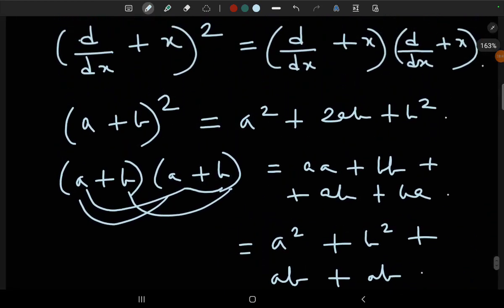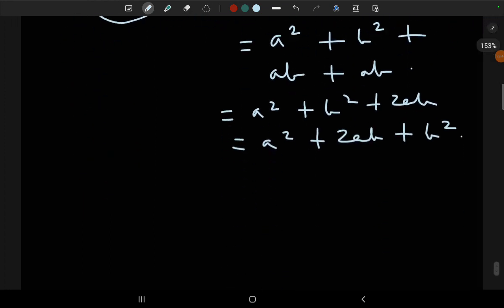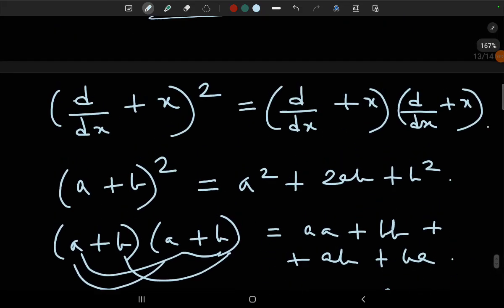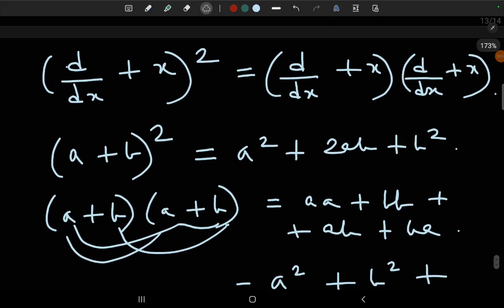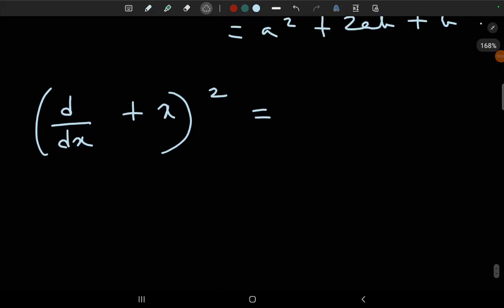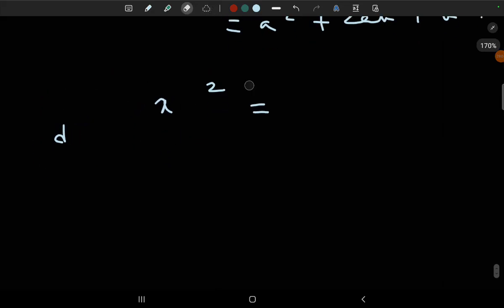The same thing applies for operators, right? And we shall apply the same thing, but there will be a slight difference in case of operators. So let us copy this thing and paste it.